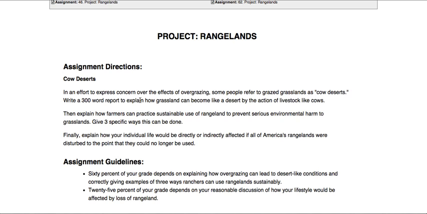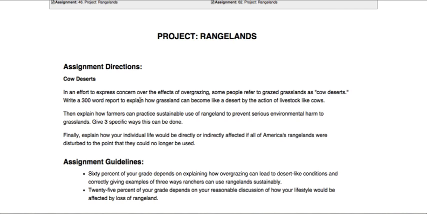Think about the loss of nutrient-rich topsoil and how that affects farming, and how that affects you both directly and indirectly. That's what I would be looking for in the third part of this assignment. So, 3 parts to this.